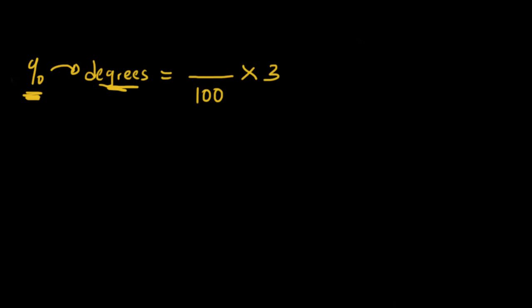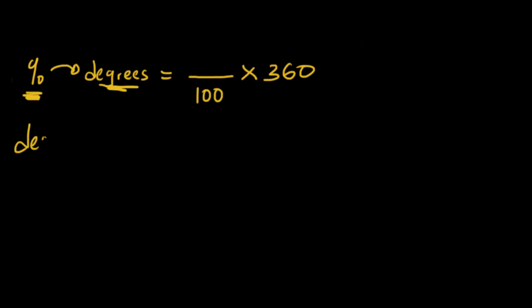So if I have to convert from percentage to degrees, the percentage adds up to 100, so I'll be having whatsoever I'm given all over 100 times the total degrees in a circle or in a pie chart, which is 360, so times 360. Do you get this?